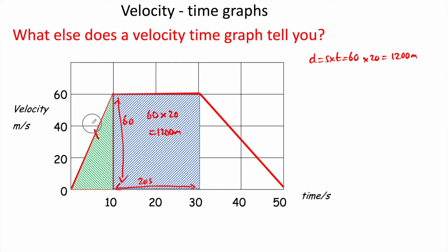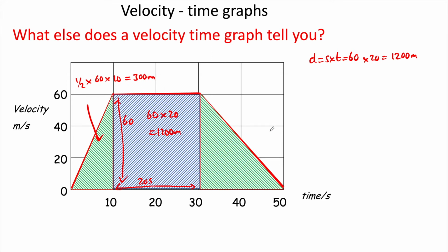So the area under the first part here will be a half times 60 times 10, half base times height, and that will give you 300 meters. And at the end, we've got another triangle. The area is a half times the base, which is 20, times the height, which is 60, and that gives you 600 meters.